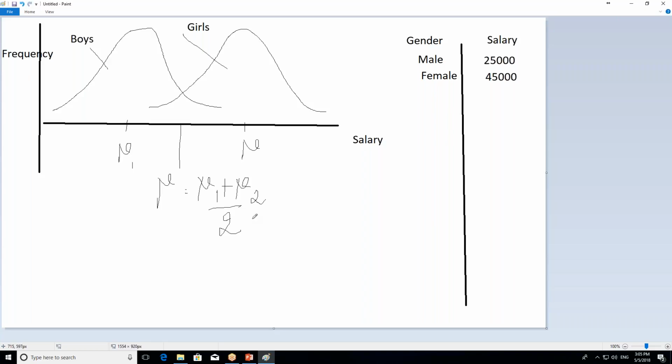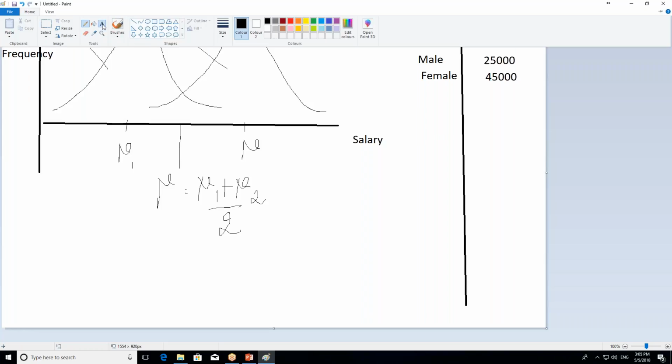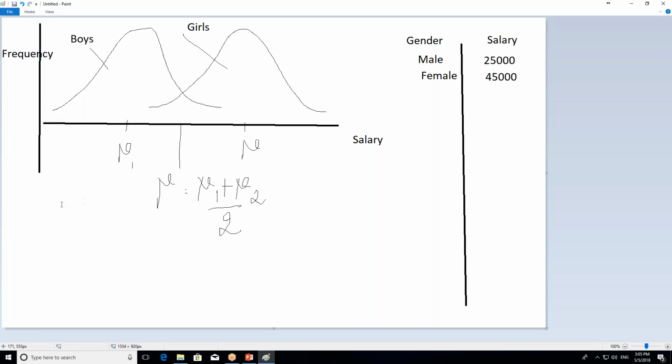Here let's try to find out the total variation in my population. This is called the grand mean. And now I'm bringing another keyword, total variation. What is variation? We have understood standard deviation, variance. What is total variation?